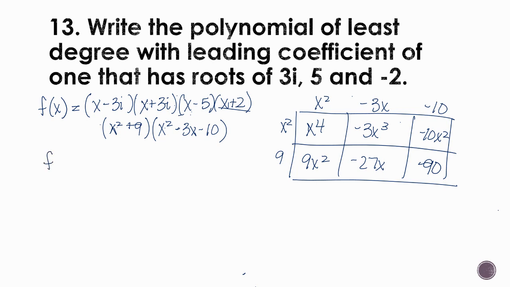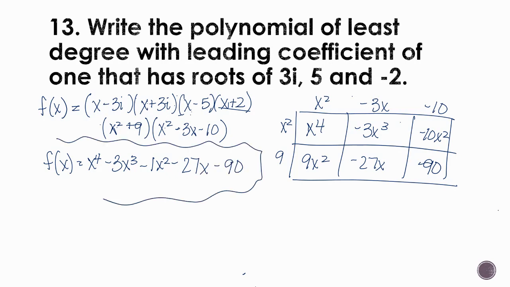So I'm going to get f of x equals x to the 4th minus 3x cubed minus 1x squared minus 27x minus 90. That is my polynomial of least degree with a leading coefficient of 1 with those roots.